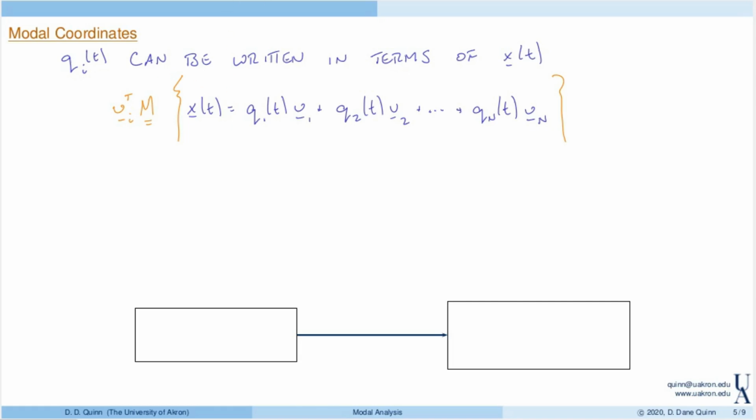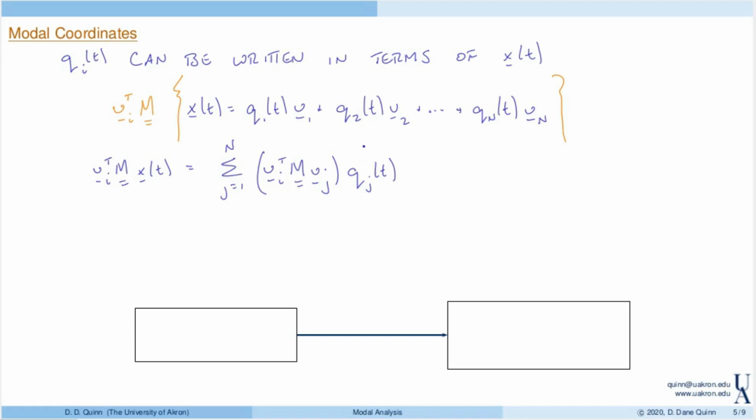But carrying this through, we see that ui transpose times m times x. Once I know the mode shapes, or the eigenvectors, I can calculate this left-hand side. And this is going to be the sum, j equals 1 to n, of ui transpose times m times uj, where j is the 1 or the 2 or all the way up to n, times qj.